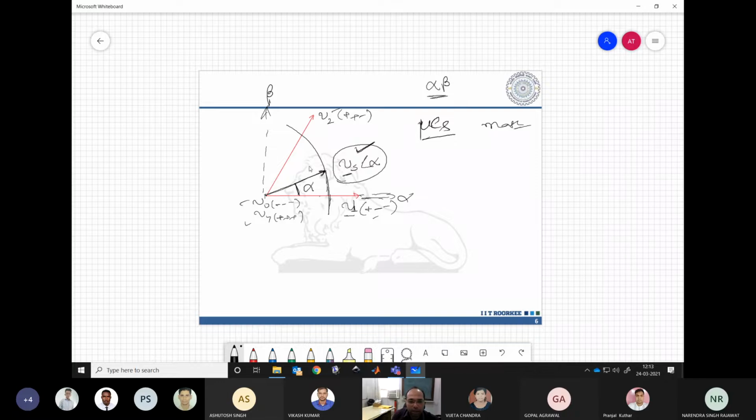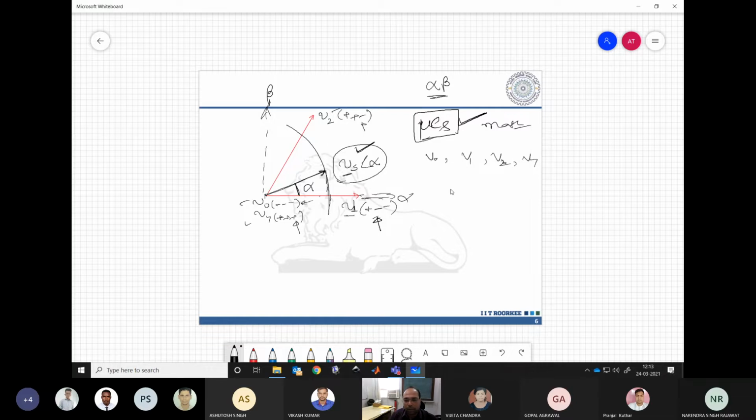So the time period can be easily calculated, and then we can give command, okay, now apply V0 or V1 or V2 or V7 for these many intervals. So basically giving this minus minus minus for certain time, then plus minus minus, then plus plus minus, and then plus plus plus. So this we can do through our microcontrollers very easily.